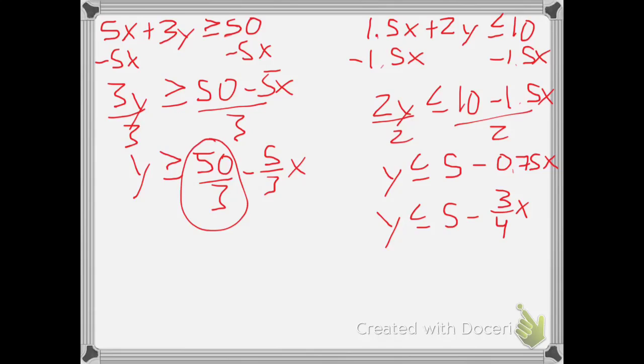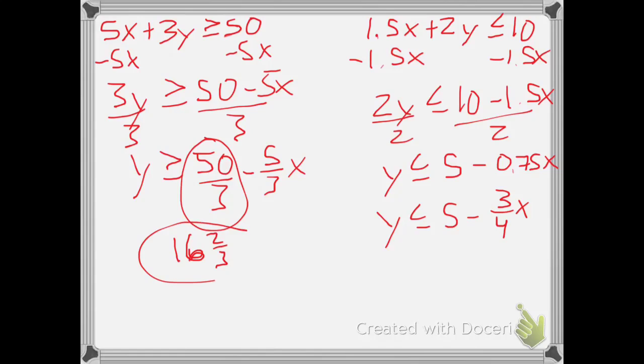You probably want to note that 50/3, or 50 divided by 3, is 16 2/3. So you might want to rewrite your 50/3 as 16 2/3. So now that we have our inequalities, we need to graph them.